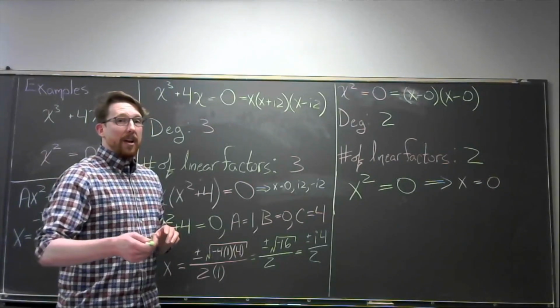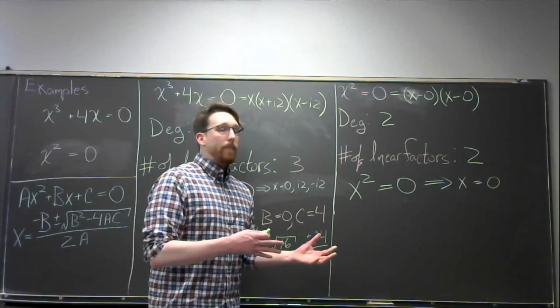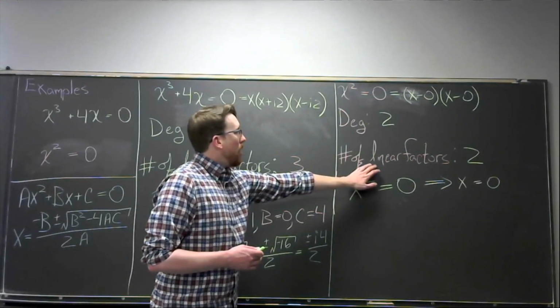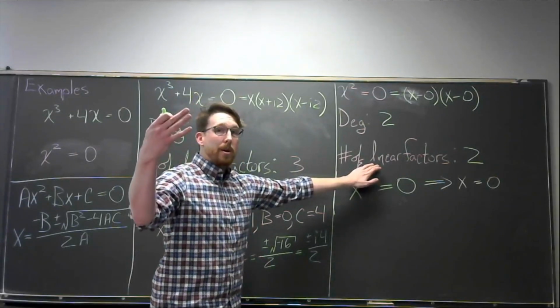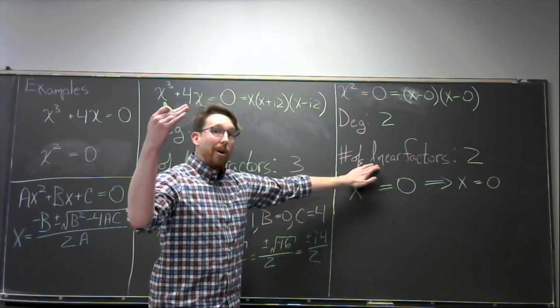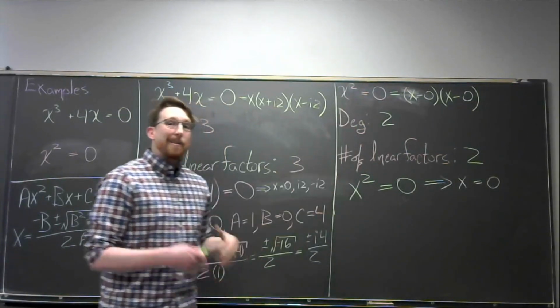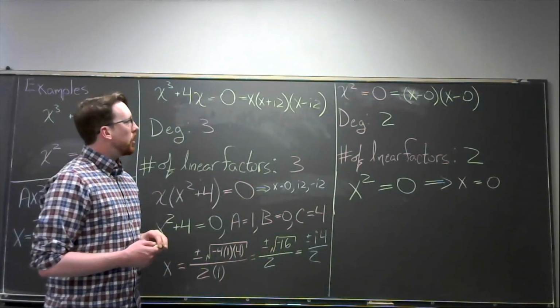And because of that, you have this discrepancy, right? What this is telling us then is that the number of linear factors is the most number of zeros you'll have to these problems. It's a bounding term. It's the most number you could possibly get.